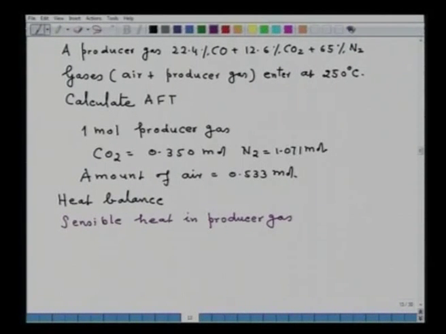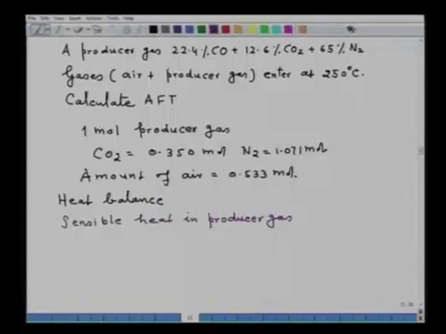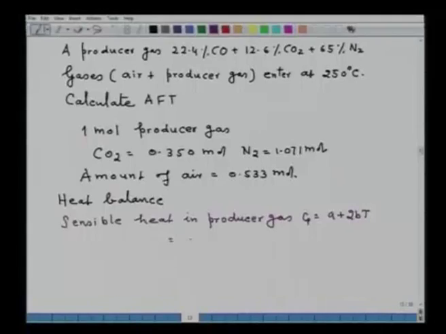Well, I have to use the Cp values and I have to perform the integration. Now, in this calculation which I am going to illustrate you, I have used Cp that is equal to A plus 2Bt. For more accurate and precise calculation, you can take Cp is equal to A plus 2Bt plus C by T square. So, if I calculate sensible heat in producer gas, that will be equal to 1650 calorie.